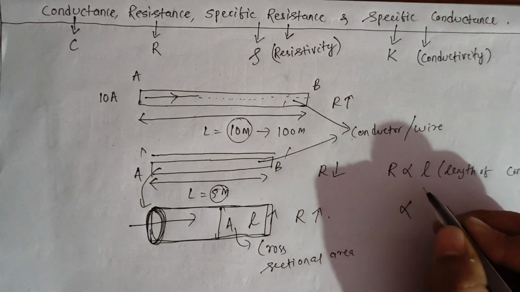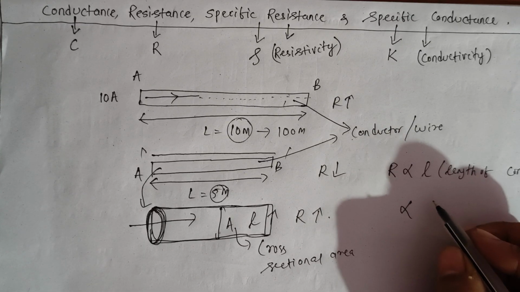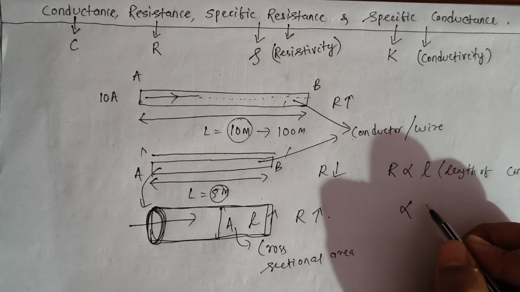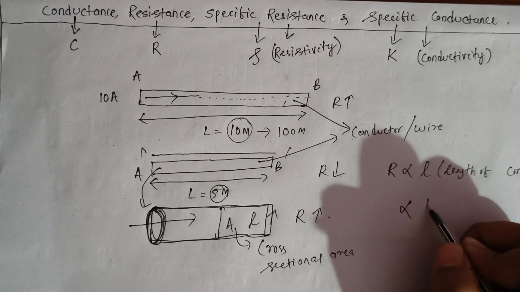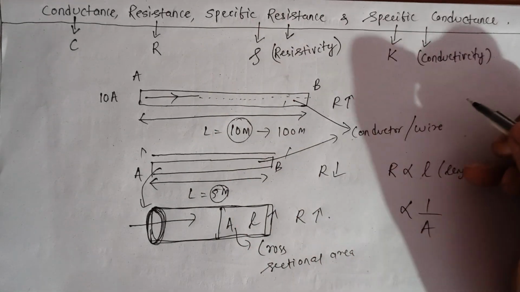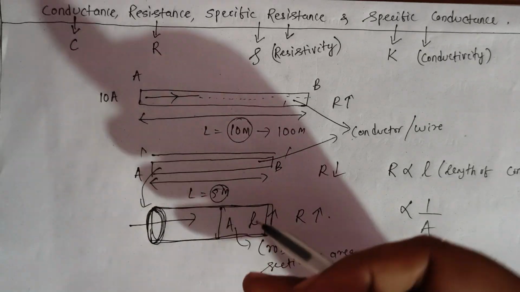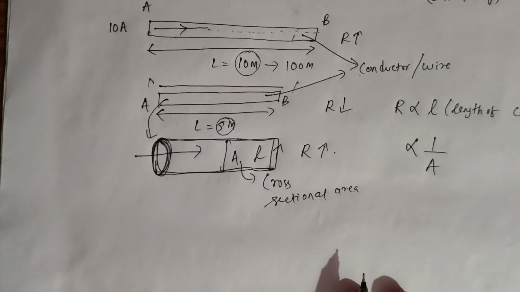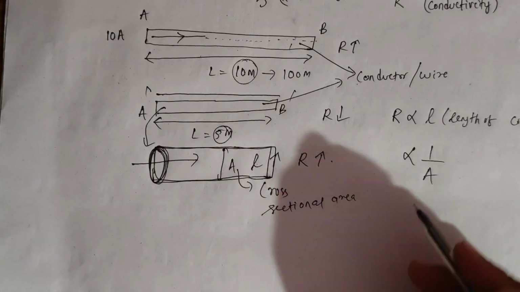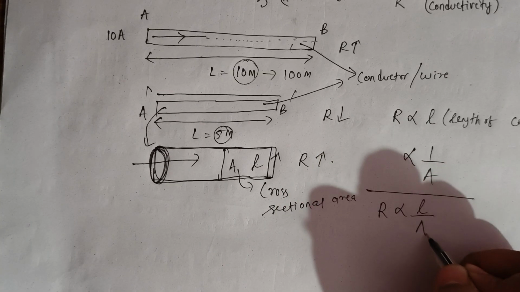That means resistance is inversely proportional to cross sectional area. When area increases, flow of current is easier, that means resistance decreases. So by combining both of them, we get R directly proportional to L by A.